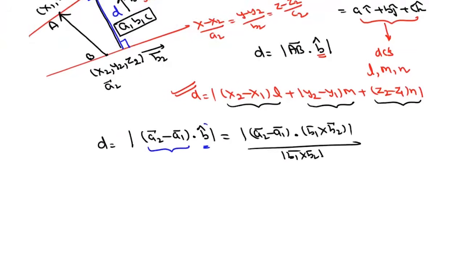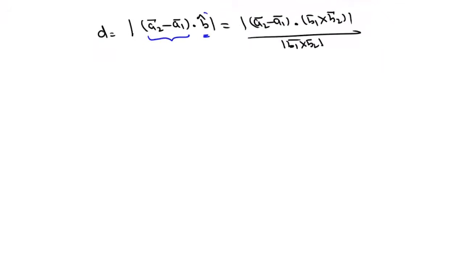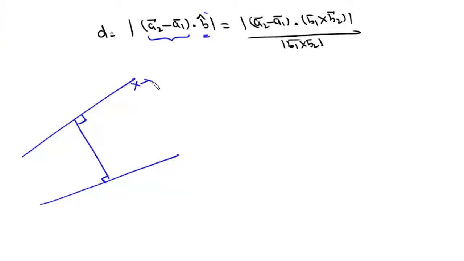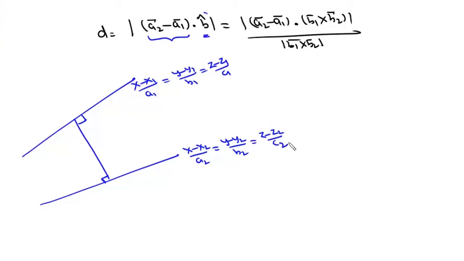Now in skew lines there is another question, which is they may ask us to find the equation of the line of shortest distance. So we'll be given these two lines: (x minus x1)/a1 equals (y minus y1)/b1 equals (z minus z1)/c1, and (x minus x2)/a2, (y minus y2)/b2, and (z minus z2)/c2.